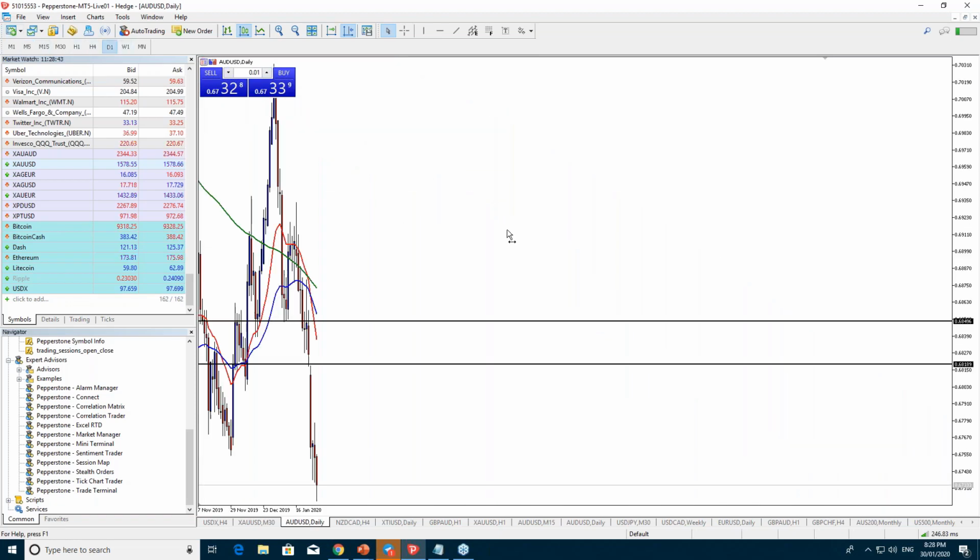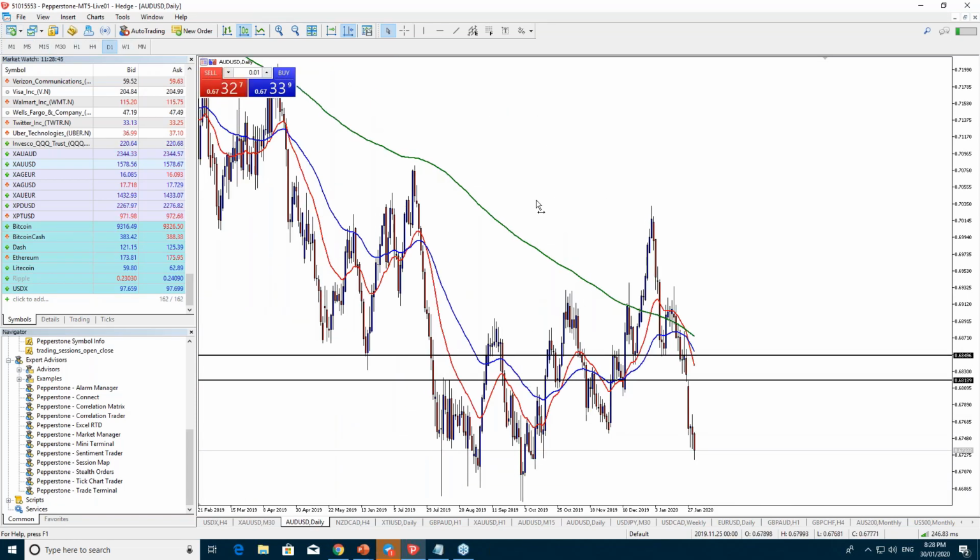One of the easiest things I've found for beginners, if you want to get a bias and you don't want to read price action, is to say: if price is below the 200 moving average on the daily, I'm only going to look for shorts. If price is above the 200 moving average on the daily, I'm only going to look for longs. And surprisingly, it's pretty accurate over the long term.